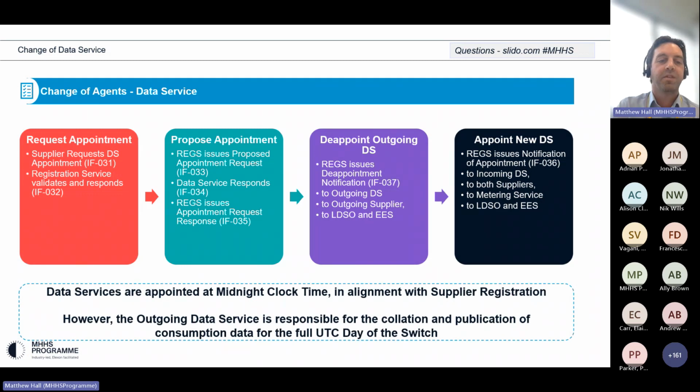Similarly to metering services, data services are appointed at midnight clock time in alignment with supplier registration. The difference here is that the outgoing data service is responsible for the collation and publication of consumption data for the full UTC day at the time of the switch. And we'll talk about that in a second, and some of the impacts upon reads and consumption data that has.